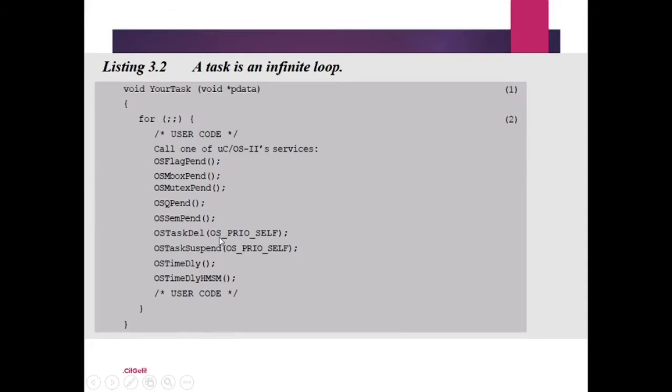The main point to note is that every task will be an infinite loop, and these tasks won't return from it. We can either delete the task or we can suspend the task. Only those functions are possible.